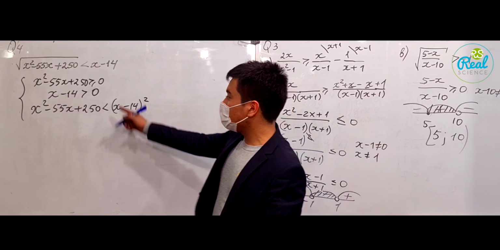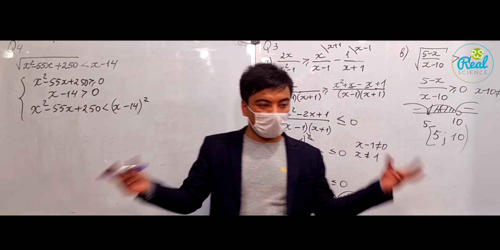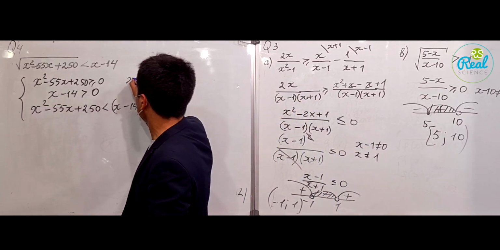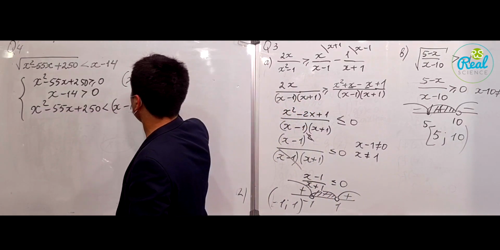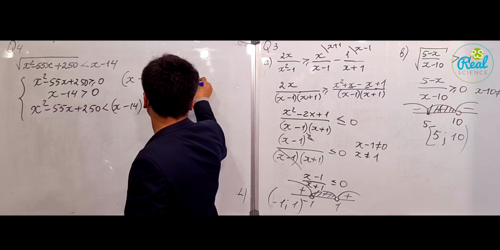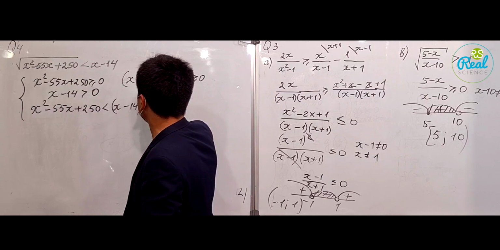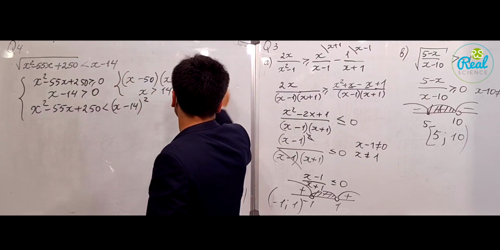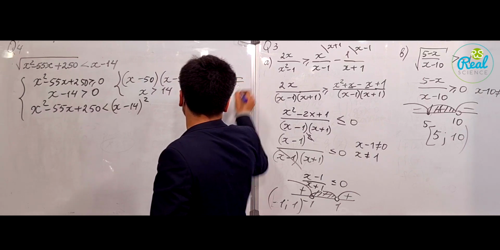Because the multiplication is positive, and if you add 5 and 50, it is negative 55. And here x must be greater than 14. And actually, students, this is the domain.